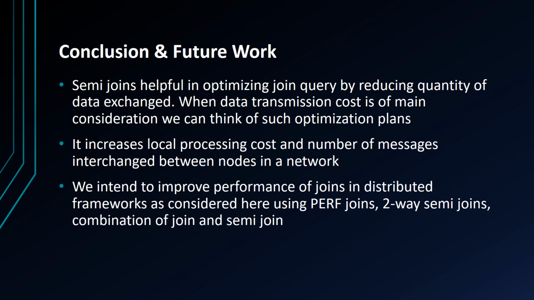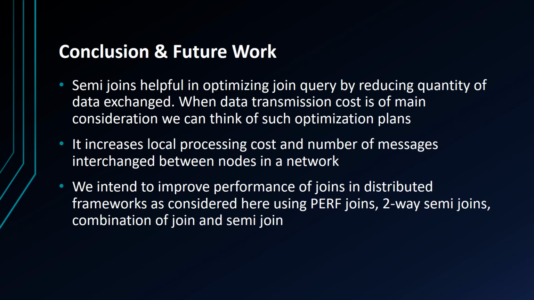And if the links between sites are in a weak state, like a phone or wireless link of low capacity, then we need to think about such query optimization plans so that transmission cost can be reduced.